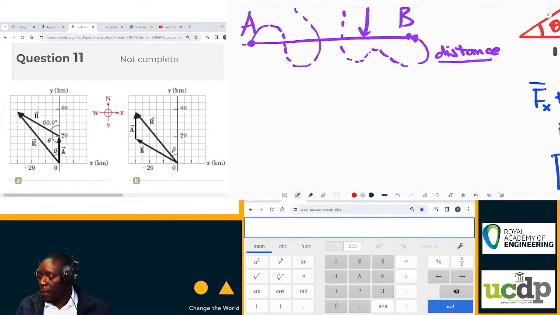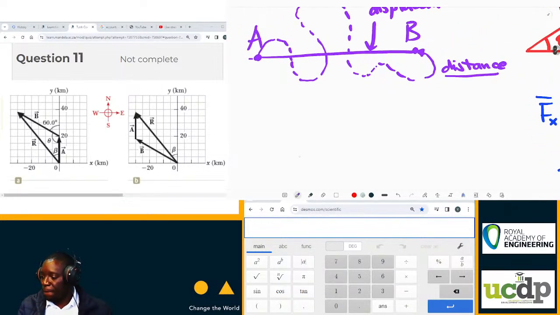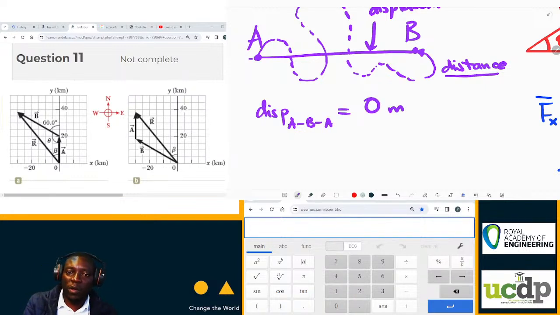So if we would go from A to B and back to A, the distance adds every point of the path taken from A to B and back to A. But the displacement will be 0. So the displacement will be 0 if we go from A to B and back to A.